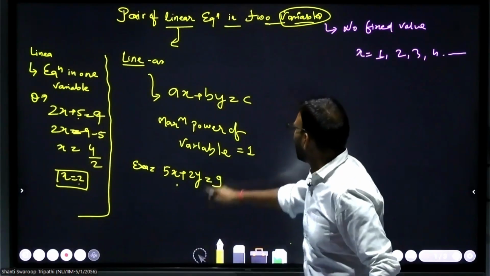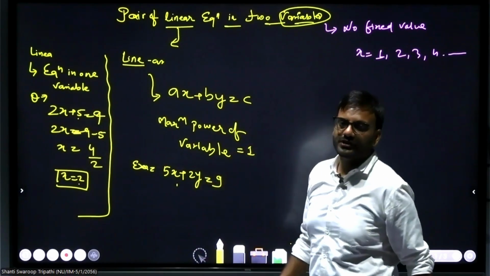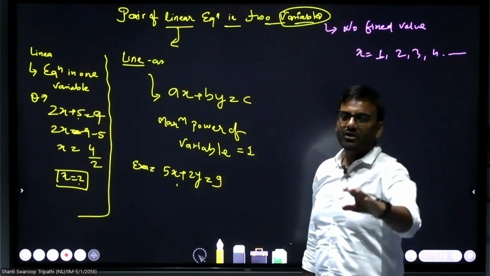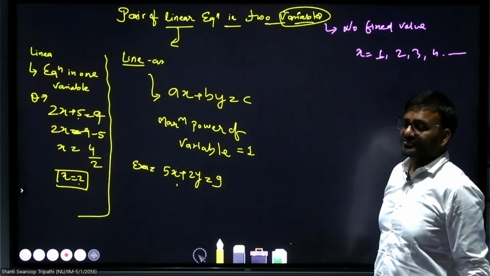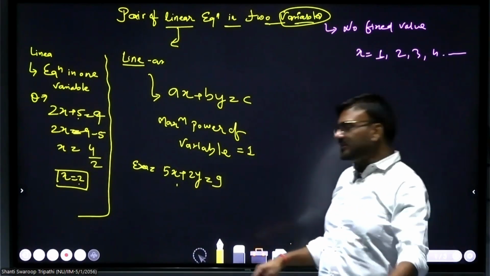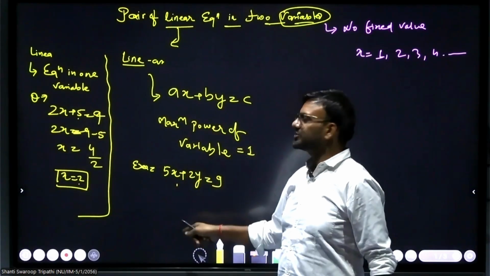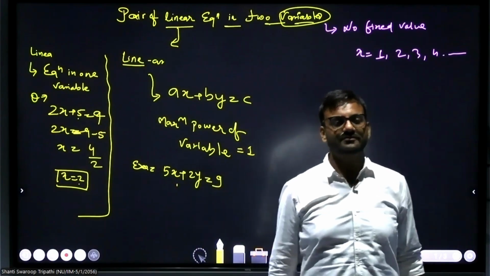What if you have two variables in one single equation? What will you do to find the solution? Is it possible to solve two variables from a single equation? Anybody has a suggestion?